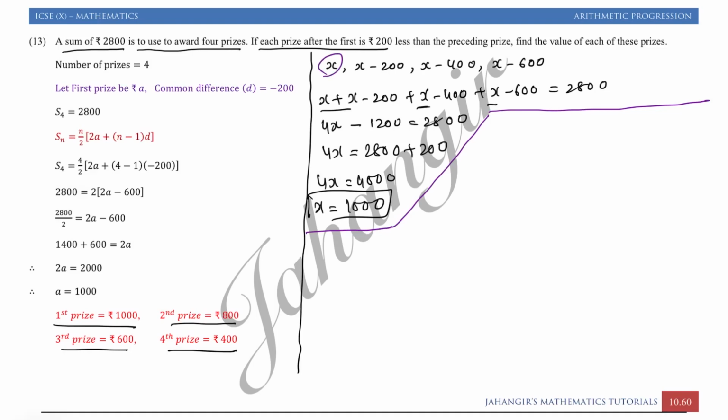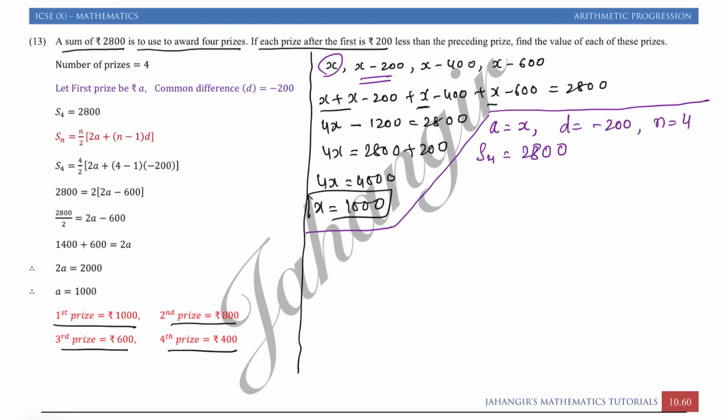If my first term is x, so let's say first term a is equal to x, or you can say first installment be a, and common difference is obviously second term minus first term. If you will say, so common difference is minus 200, and n is equal to 4 and sum of 4 terms is 2800.